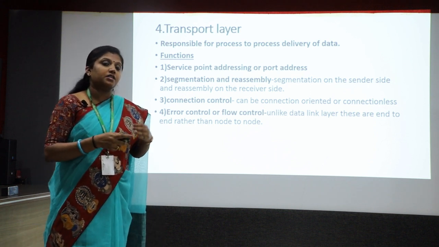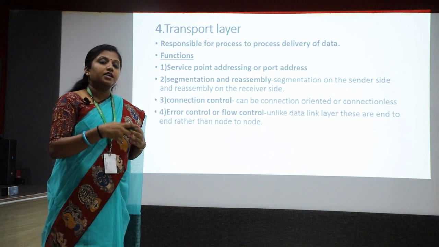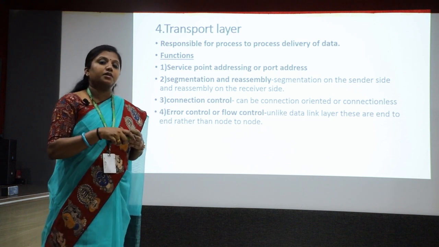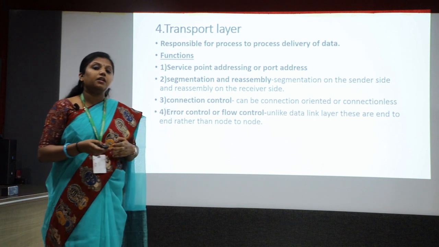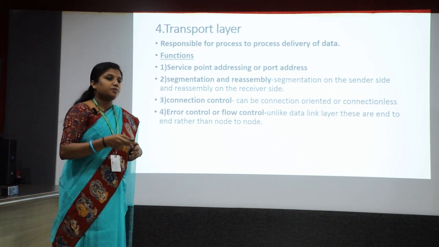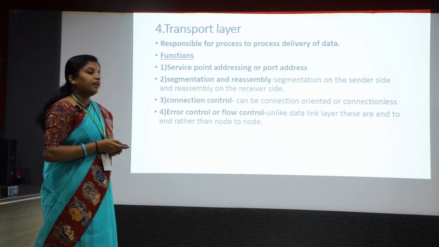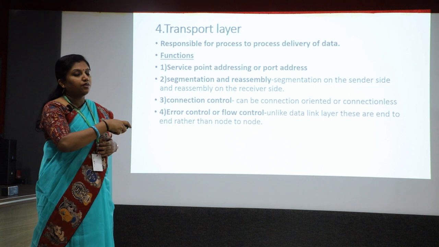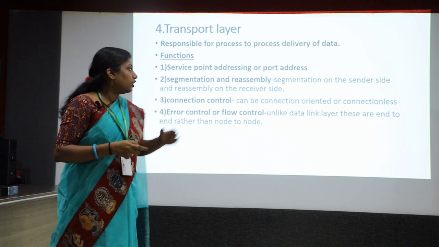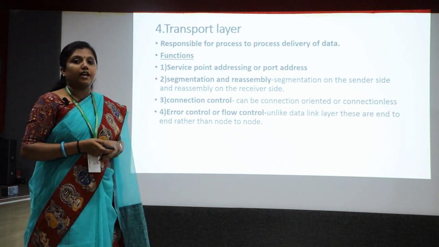When a data frame reaches the destination, it sends back an acknowledgement to the sender saying that I got the message. And error control and flow control, unlike the data link layer, are done at the level of the transport layer.